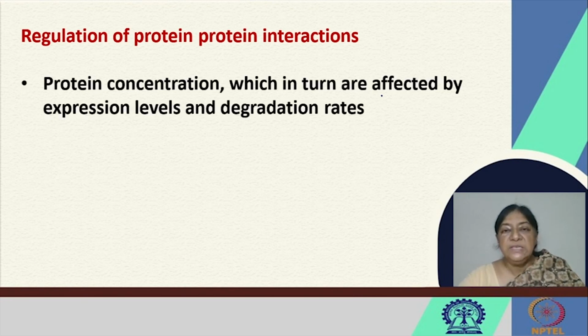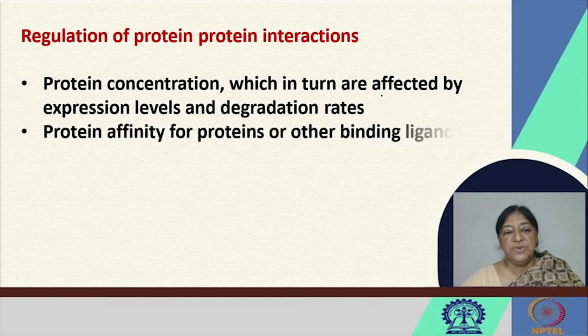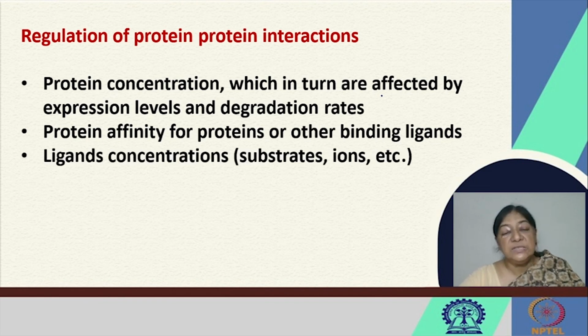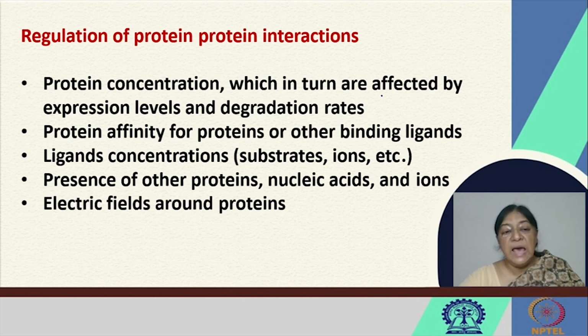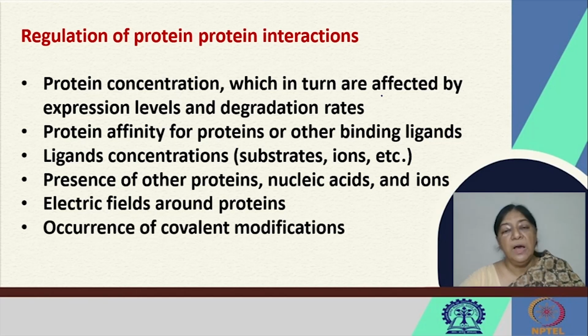This can be regulated by the protein concentration, which in turn is affected by the expression levels and also the degradation rates, the specific protein affinity for other proteins or other binding ligands, the ligand concentrations, the substrates of the ions, small molecule effects, the presence of other proteins, nucleic acids, and ions, and electric fields around the proteins. So, there are several factors that are going to regulate or affect the protein-protein interactions that are necessary to be understood.